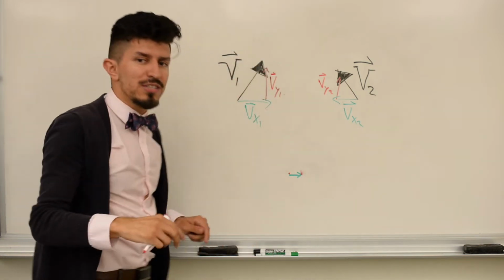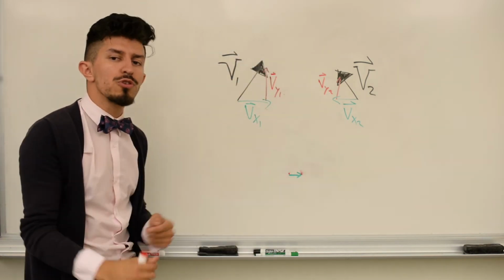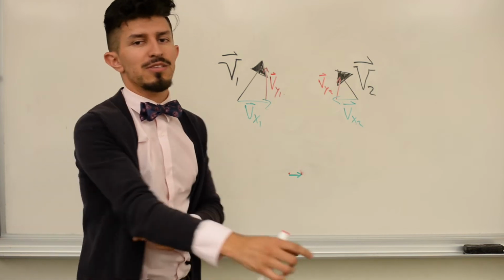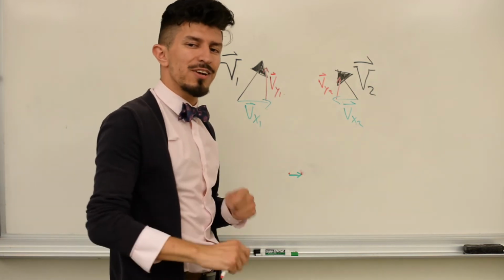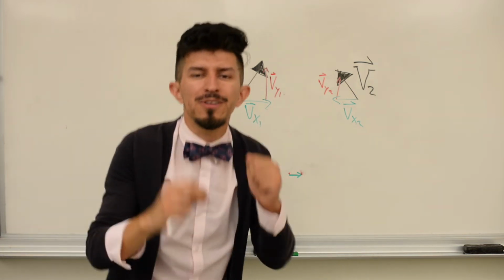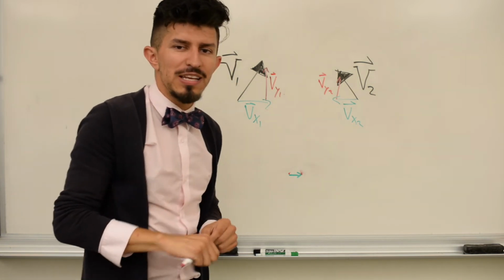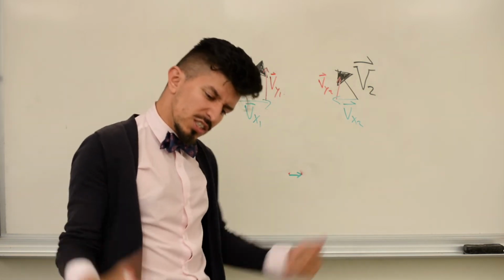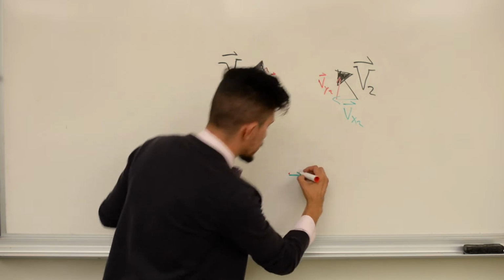I know I've been beating this concept down a lot, but it's just something crucial that even I make mistakes on. So just having that solidified will definitely help all of us not make these mistakes and be so proficient. So the vector goes here.